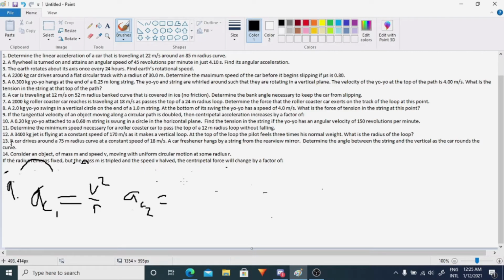The object's tangential velocity is doubled. So this becomes 2v squared over r, which equals 4v squared over r. And now we can compare these two. If we do AC2 over AC1, we'll have 4v squared over r, over v squared over r, which gives us 4. That would be 4 times bigger.